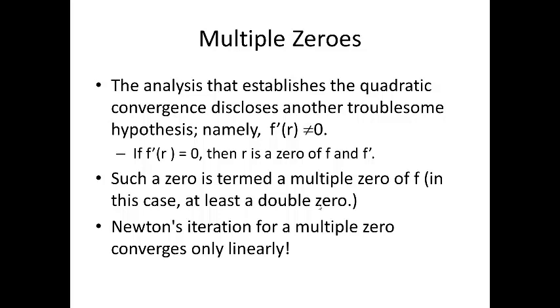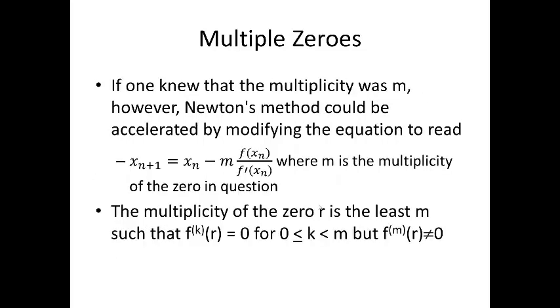So, what can you do? Well, if we knew in advance that the multiplicity of the zero was m, then Newton's method can be accelerated by modifying the equation to read xn plus 1 equals xn minus m, which is the multiplicity of the zero in question, times f evaluated at xn divided by f prime evaluated at xn.